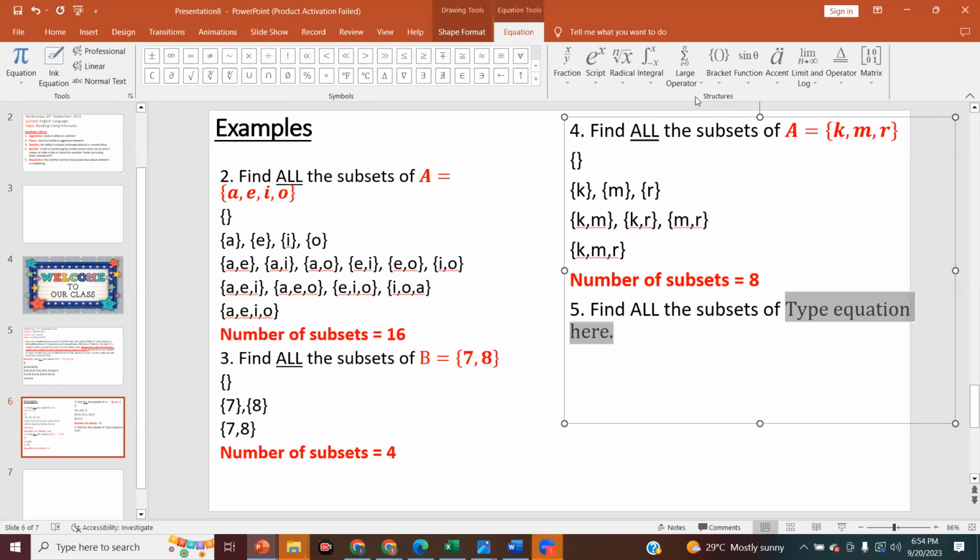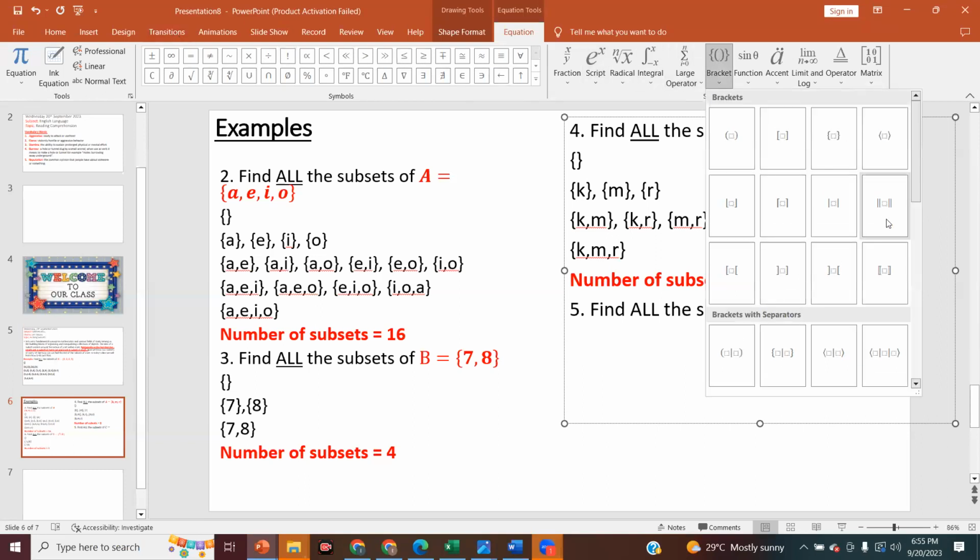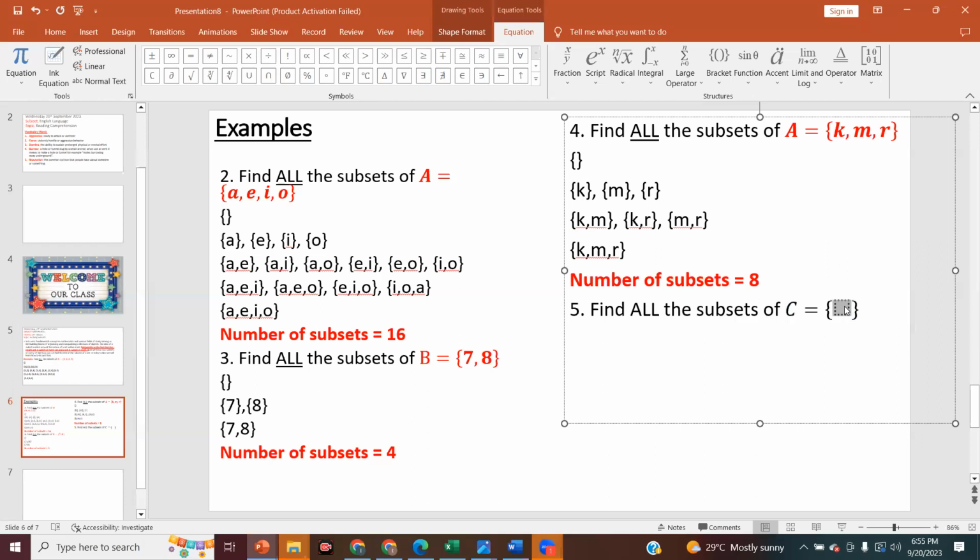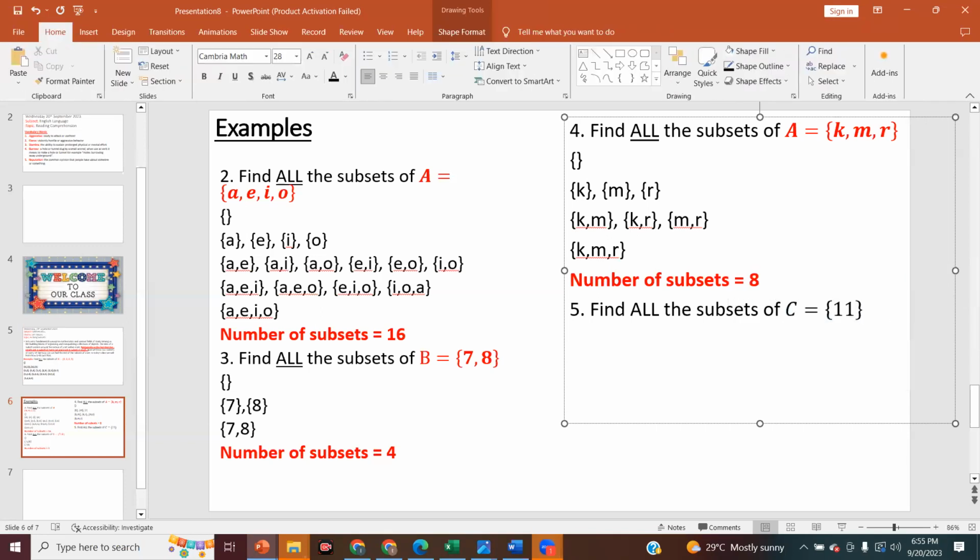Let's call this one C. Let's say that C is equal to the set that contains the number 11.